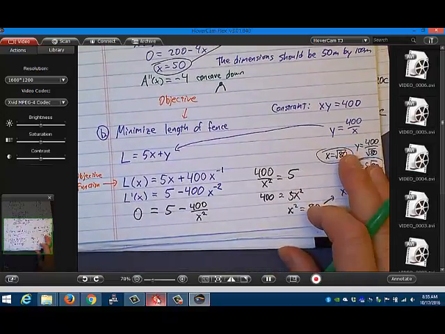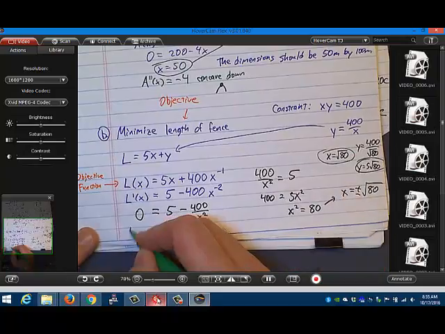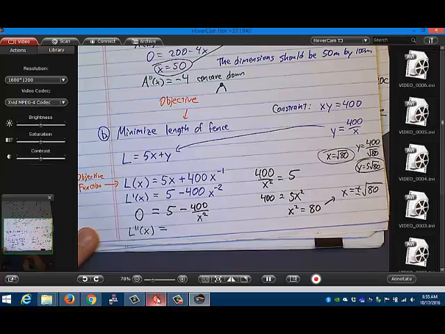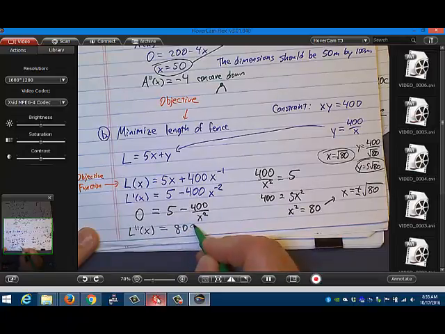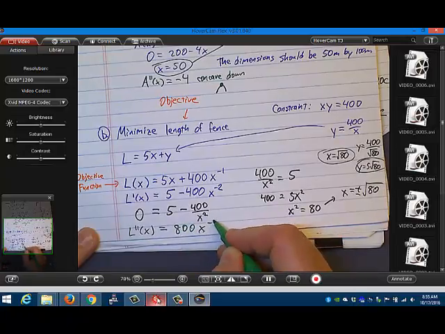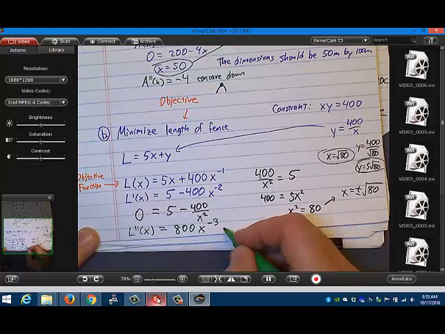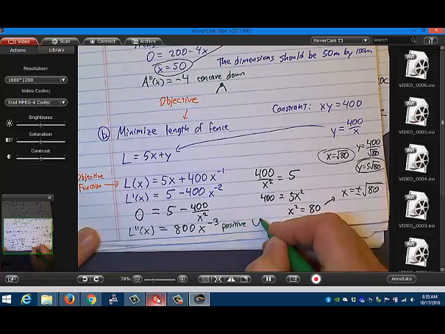Here, let's try it for part B. Part B, I never found the second derivative, but I'm going to do that now. L double prime of x would be what? Well, 0, and then plus 800x to the -3. But it's positive. So it's going to be concave up, cup.